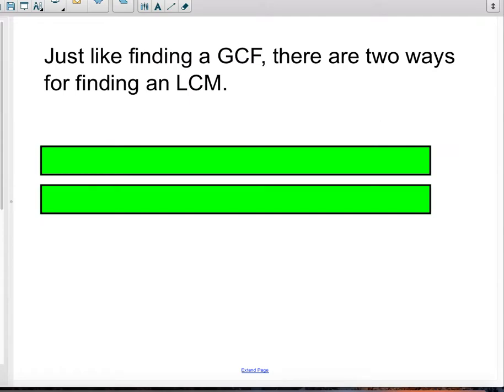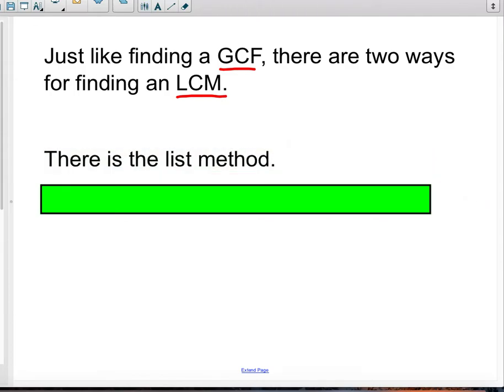Now, just like finding the greatest common factor, there are 2 ways for finding an LCM. The first method is the list method.